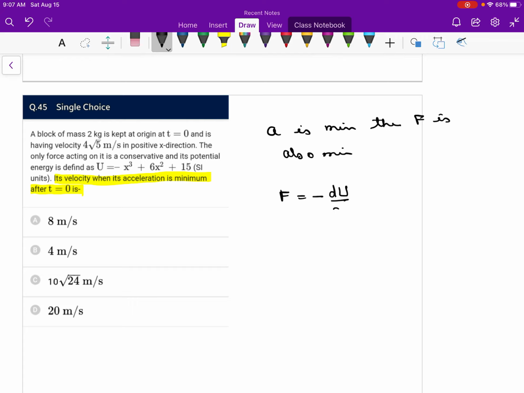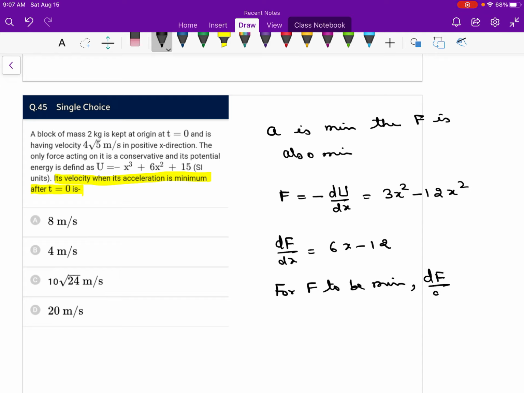F is minus dU/dx, so that is 3x² minus 12x, and dF/dx is 6x minus 12. For F to be minimum, dF/dx, which is 6x minus 12, is 0. So x is 2 meters. At x equals 2 meters, we need to find the velocity.